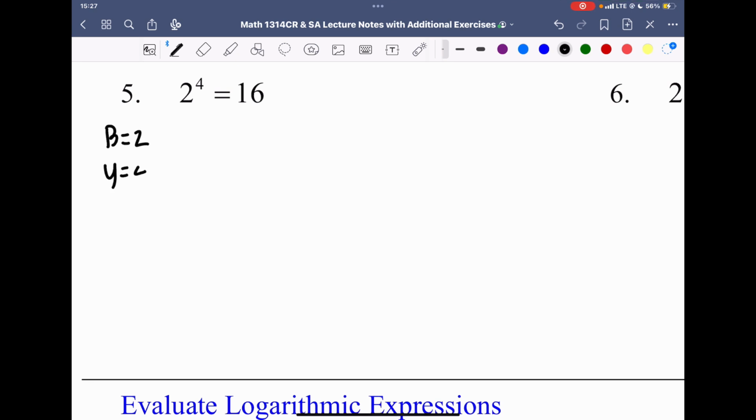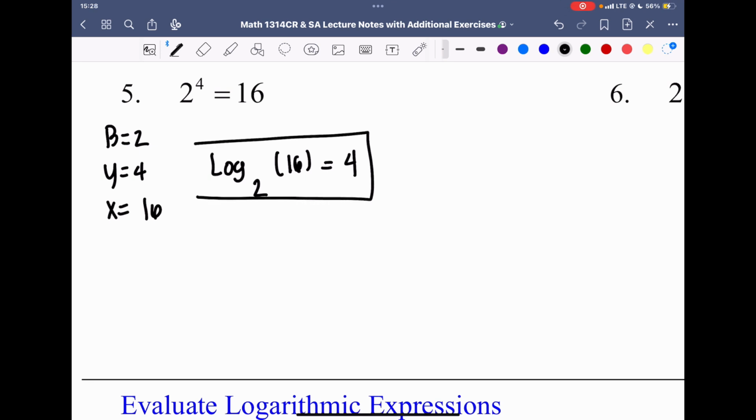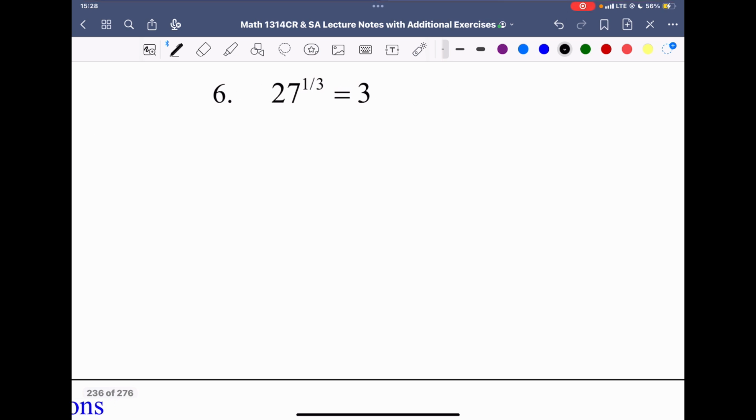Y equals 4 and x equals 16. So it's log base 2, argument is 16 equals 4. Both sides of the equation is the solution.